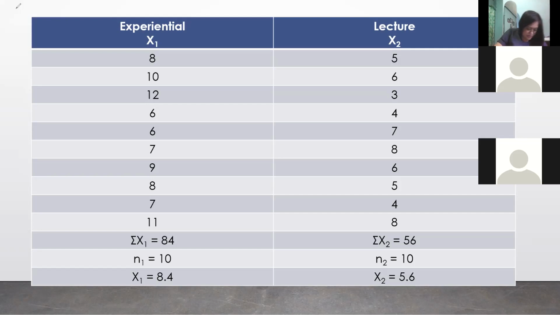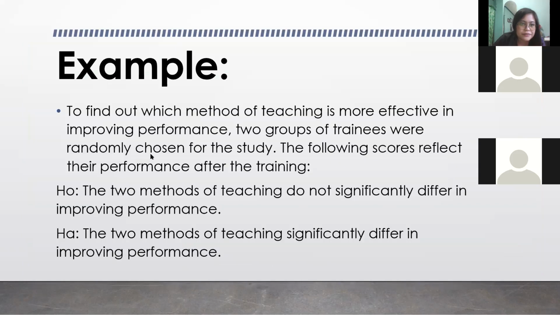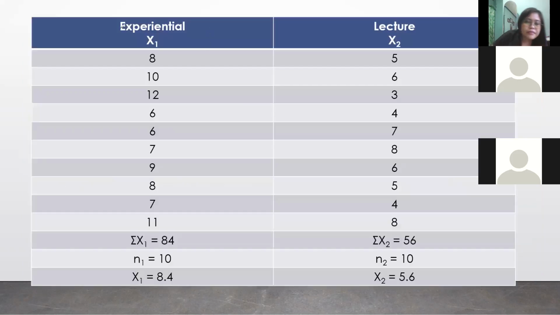So, unsa ni, duha na siya ka klaseng formula. Pero pwede na nato siya class idugtong atong formula. Iisa na lang para dili na mag-duha silang duha. Instead of using the s x1 minus x2, idugtong na nato ni sa ilalom kaning formula niya. So, balik na dito. So, the t-score here is x1 minus x2 divided by, supposedly, it's x1 minus x2, no?